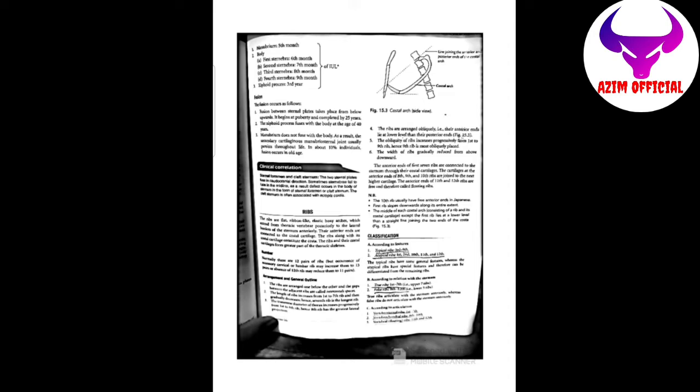Maybe somebody may have absence of one rib, like the 12th rib, so they may have 11 pairs. It is normal, not abnormal. It is physiological. It may occur in somebody, but in general we will always have 12 pairs.